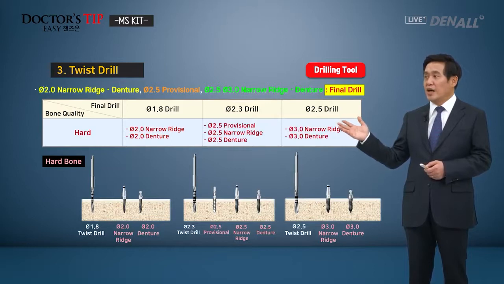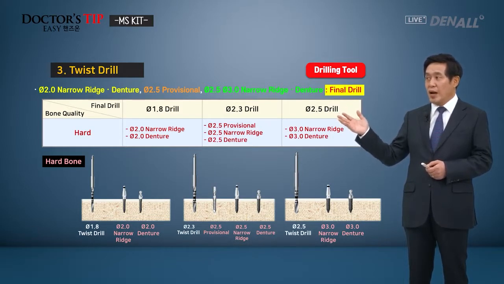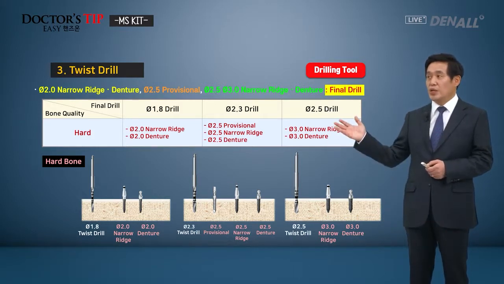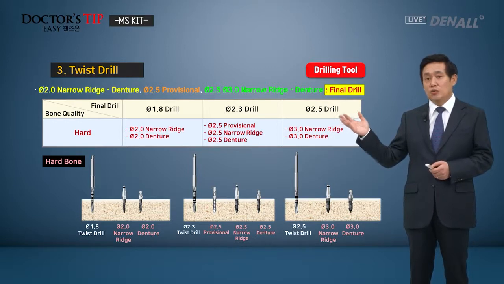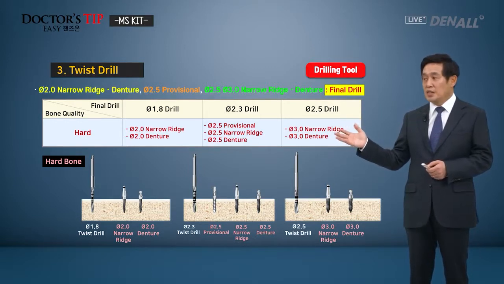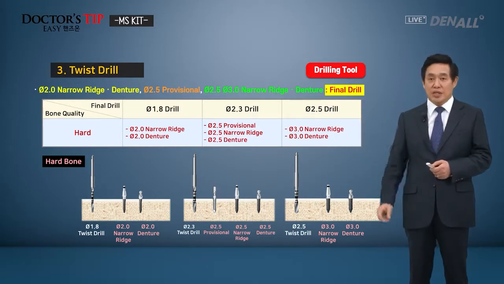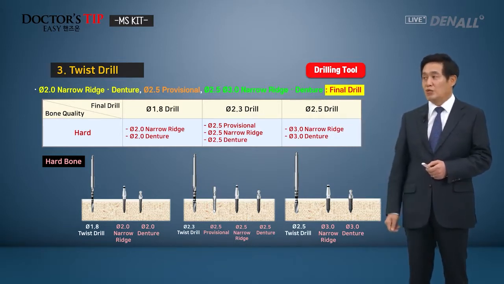So in such cases, for 2.0, maybe the final drilling is 1.8, and for 2.5, maybe 2.3, or for 3.0, the 2.5 drill. My experience is, even if it's hard bone, rather than using the final drill in full length, use a shorter one. So in the MS implant, in the one-body fixture, initial stability can be adjusted by you.